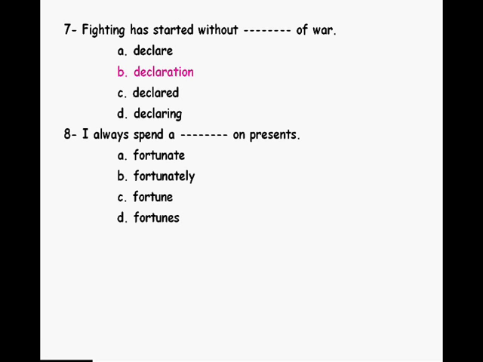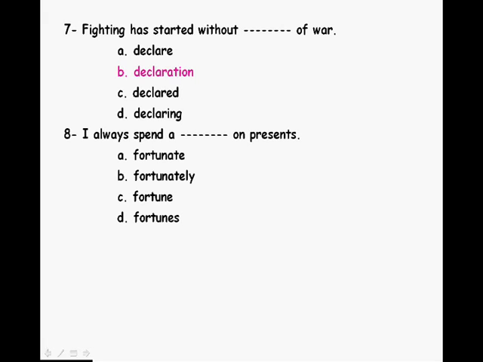Okay, number 8. I always spend A on presents. A, fortunate, B, fortunately, C, fortune, and D, fortunes. So again, we need a noun here. I always spend a on presents.